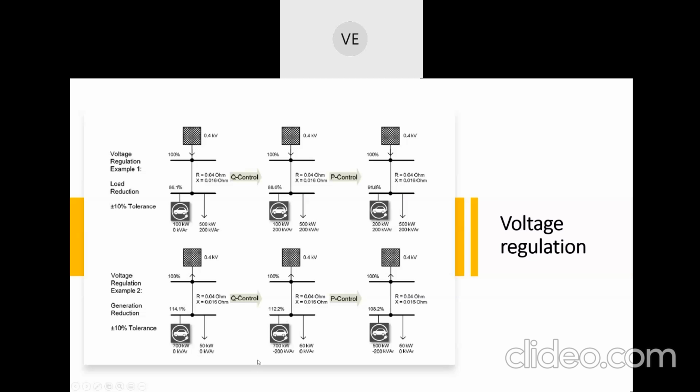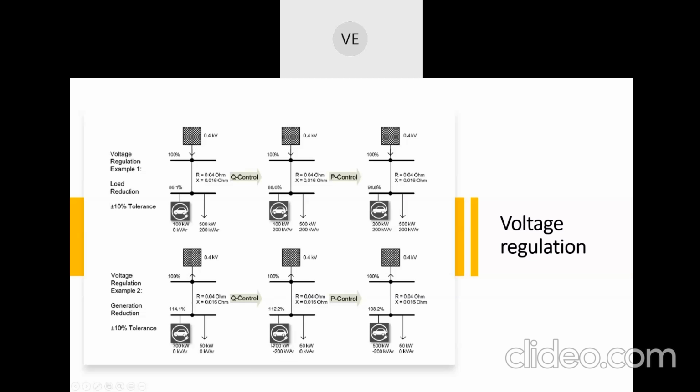Now, what is done is here minus 200 kVAR. That means reactive power consumption is there, right? If the inverter is capable of reactive power control, some reactive power demand is made here, and the voltage profile of the local node is reduced to 112.2%, but still it's not satisfied.